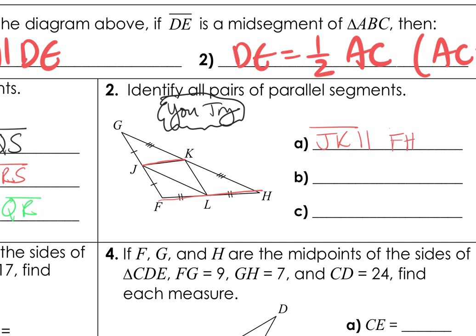I could have that JL is parallel to GH. And finally, I could say that KL is parallel to GF.